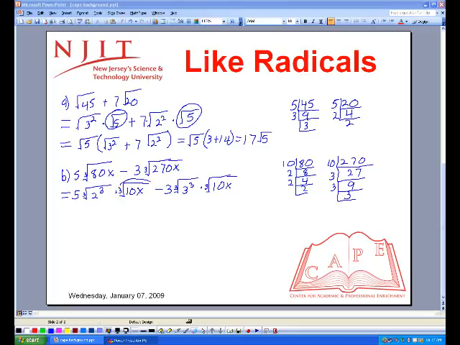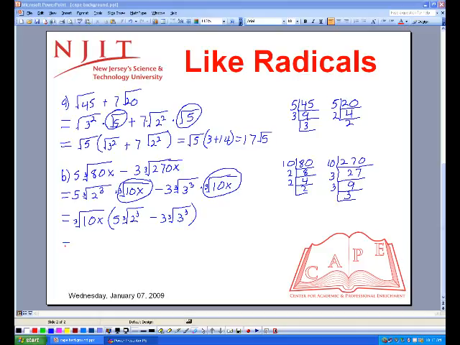So 10x is common in both expressions, so let's factor that out. We get cube root of 10x times 5 times the cube root of 2 cubed minus 3 times the cube root of 3 cubed.